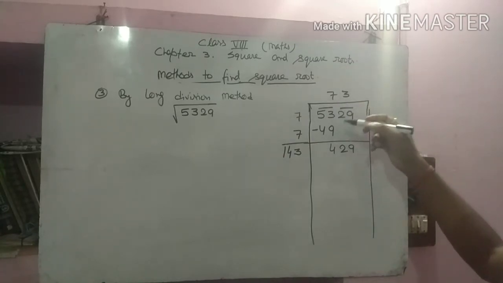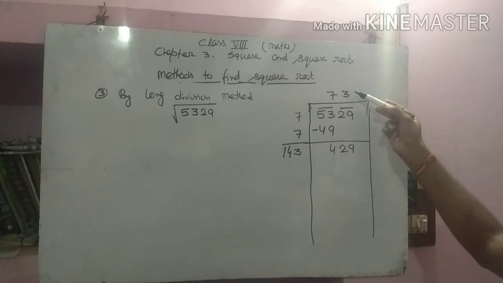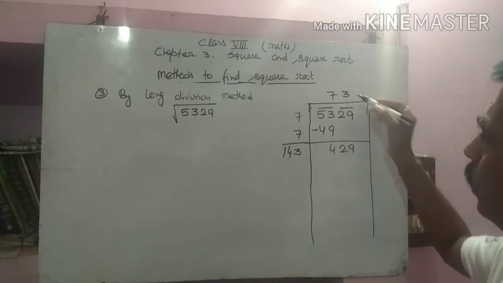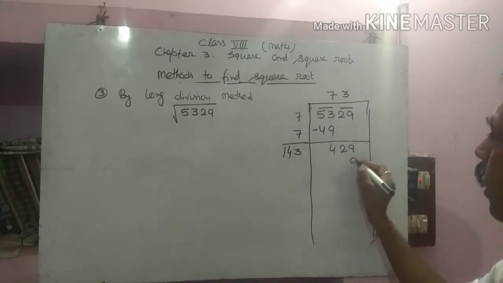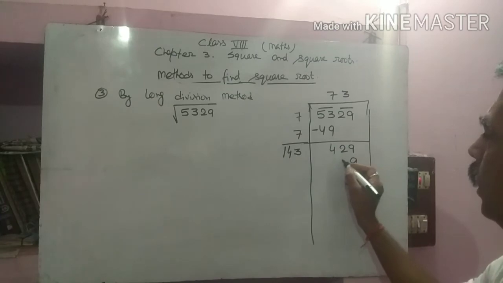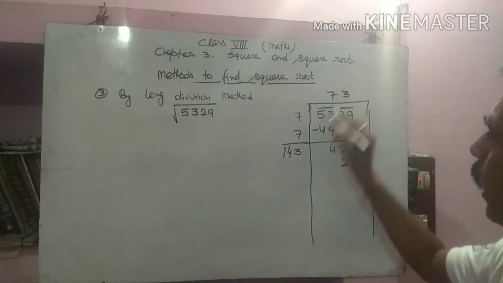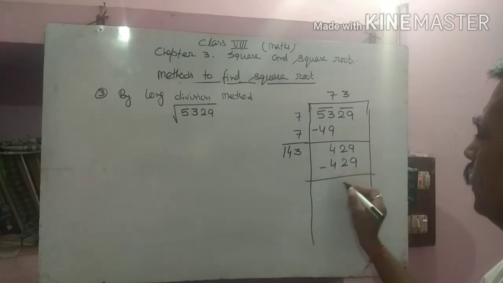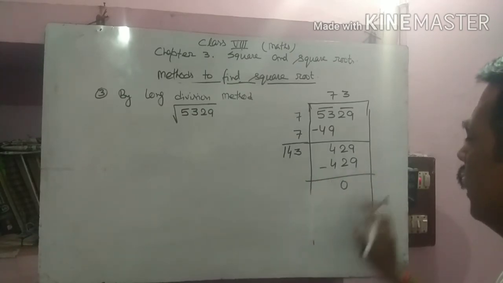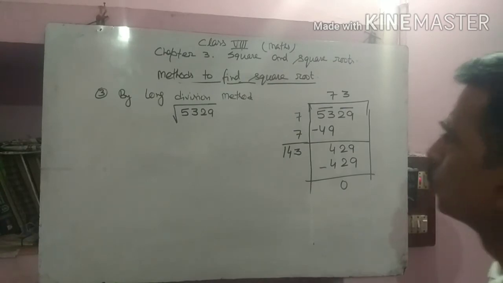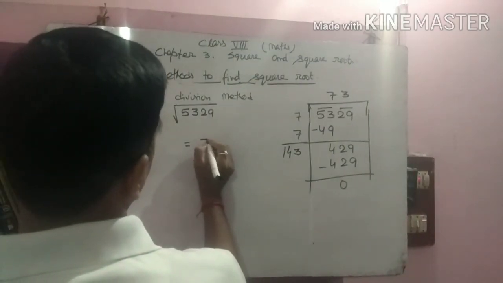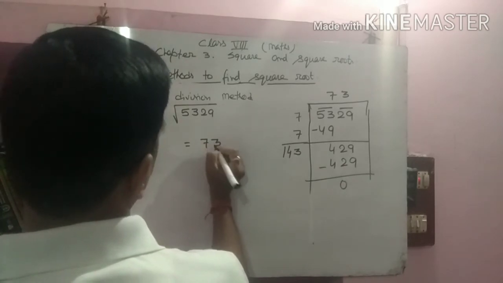So let's check whether we get the perfect square of 5329 or not. 3 3s are 9, 4 3s are 12, carried 1, and 3 1s are 3, and 1 4. After subtracting, what will we get? Remainder 0. So you can write 73.